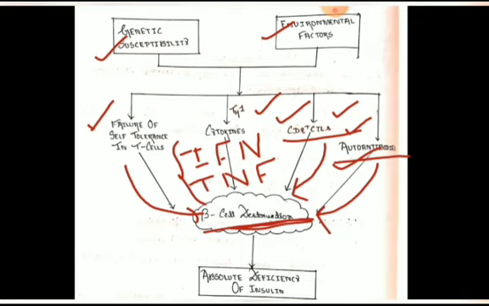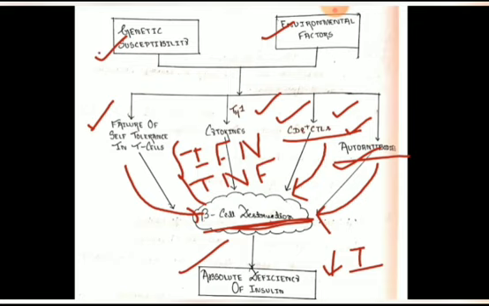So ultimately, due to beta cell destruction, what will happen? There will be absolute deficiency of insulin. Why? Because insulin is released from the beta cells. Since there is destruction of the beta cells, obviously there will be a deficiency of insulin.